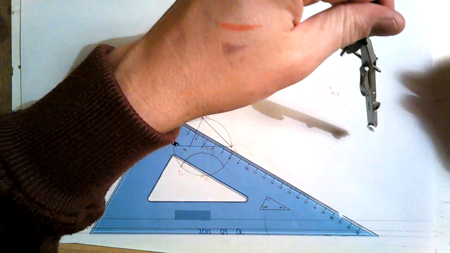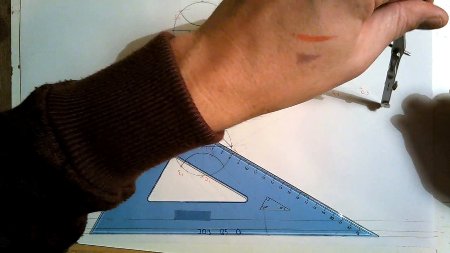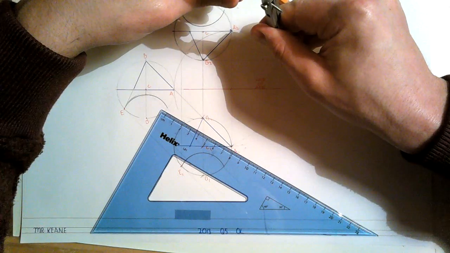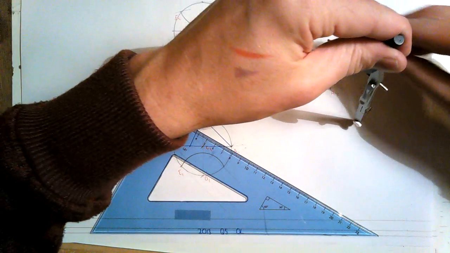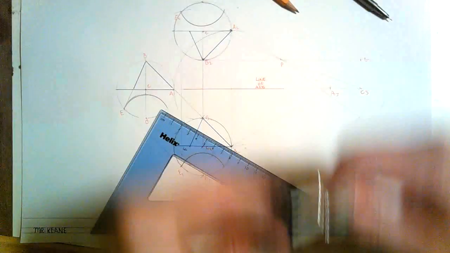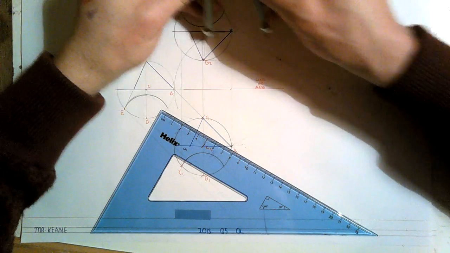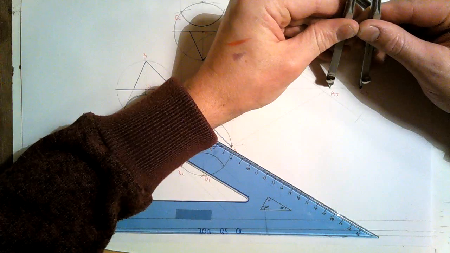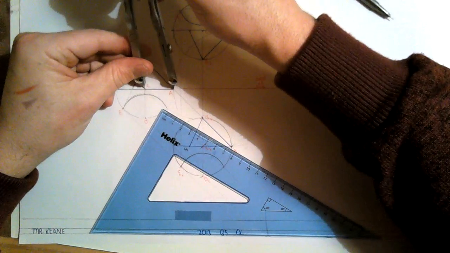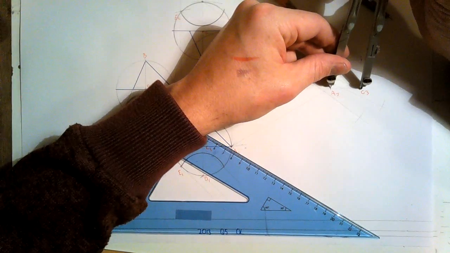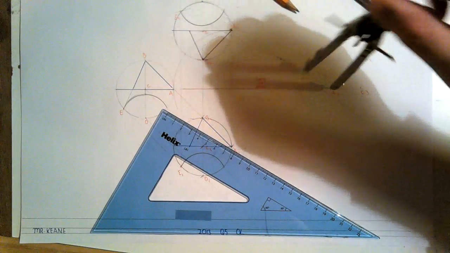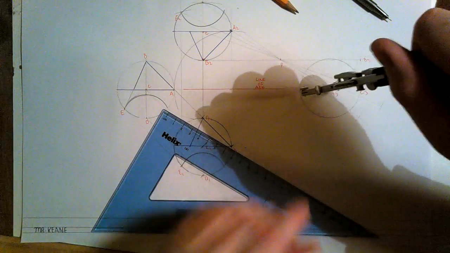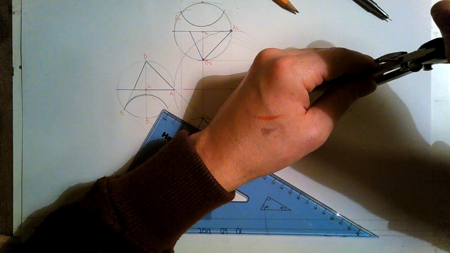Okay, we can mark E2 here. Up to D2. So the distance between A and C is the radius of our circle, which is 30.